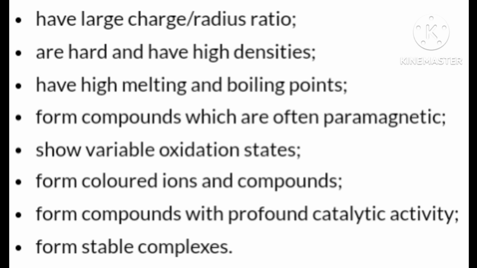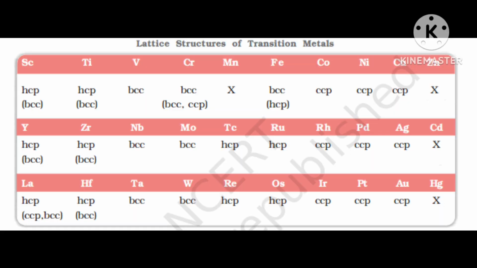And in the second series, I want to tell you, molybdenum is again the highest. In the second series molybdenum has the highest melting point, and before that niobium is there, and before niobium zirconium is there, and Tc is less than Mo.